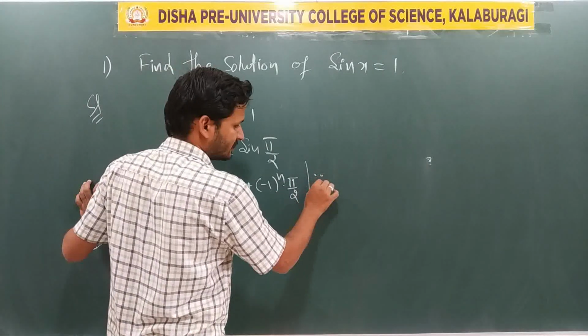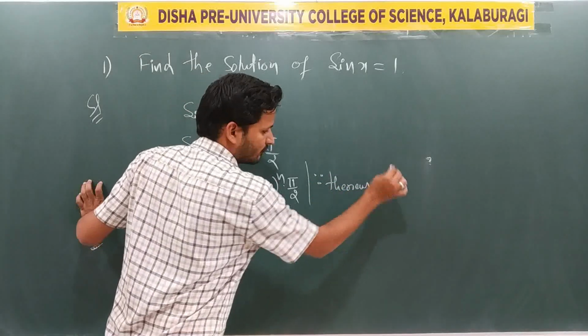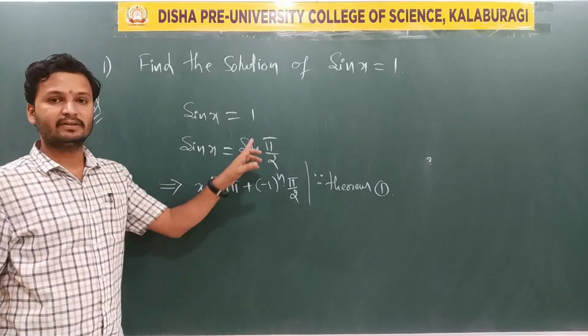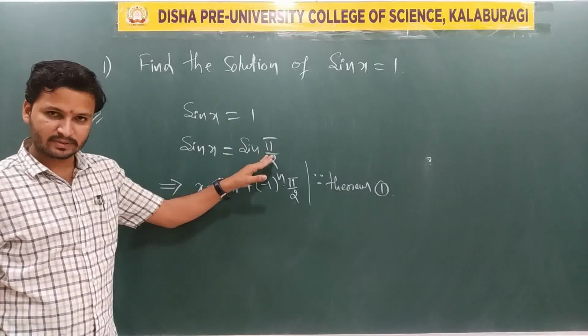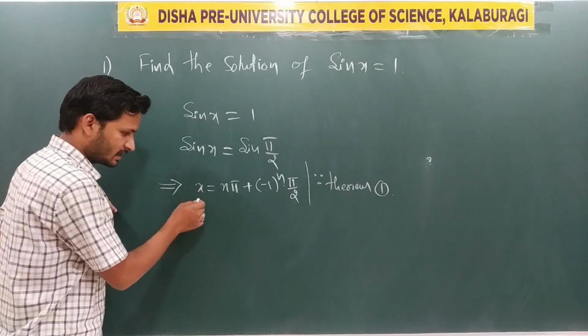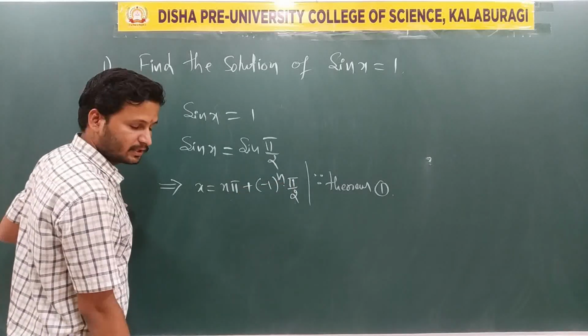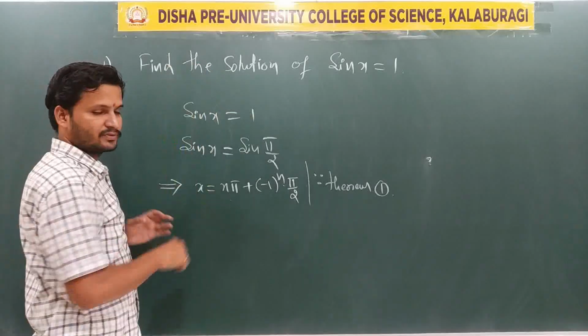If sin x is equal to sin y, the general solution is x equals n pi plus minus 1 to the power n into pi by 2. This is the general solution of the equation sin x is equal to 1.